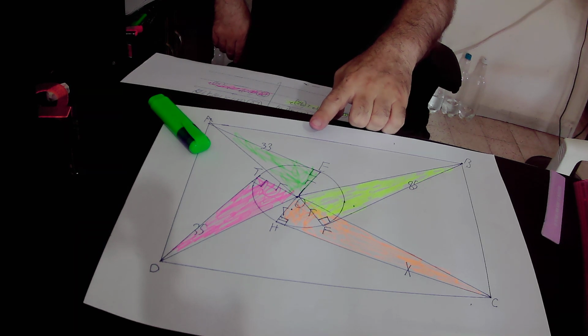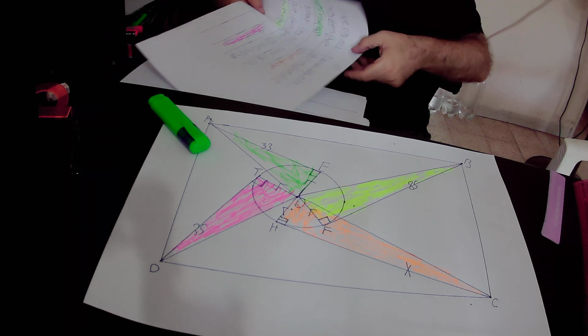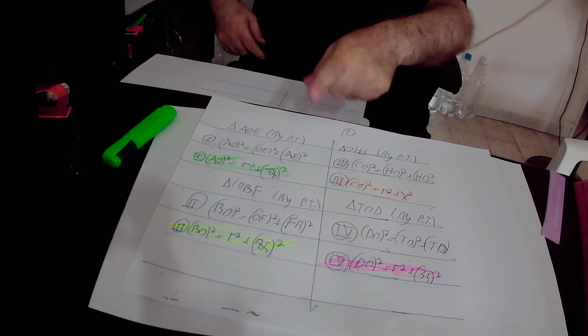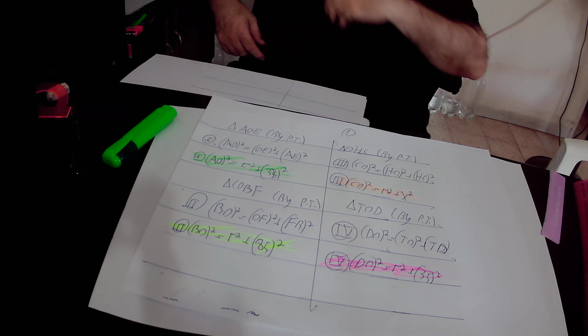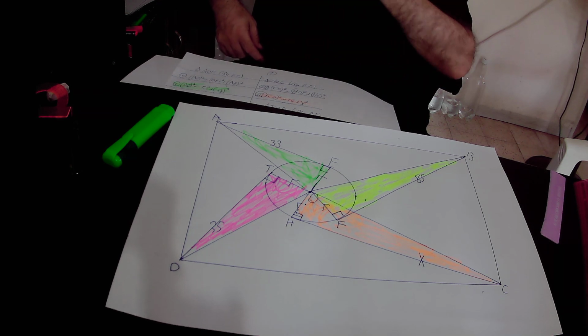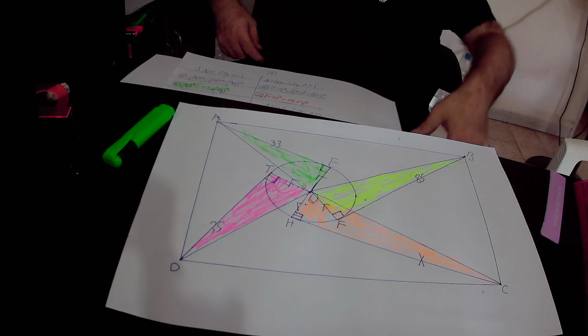Again, in the green right triangle, AO square equals OE square plus AE square. OE equals R, AE equals 33.